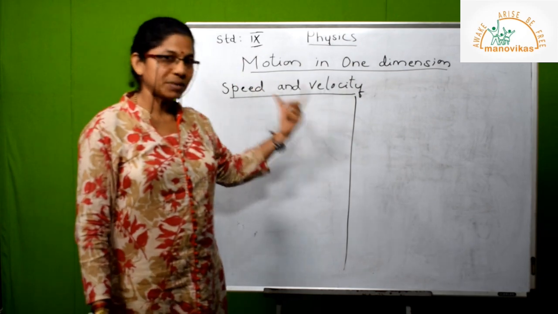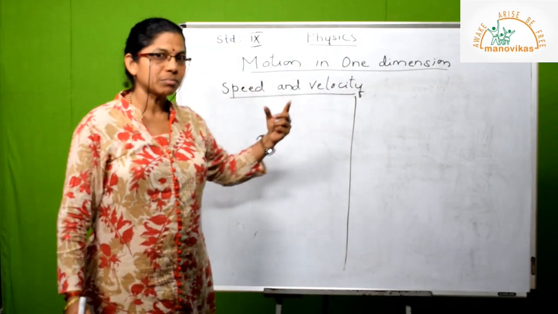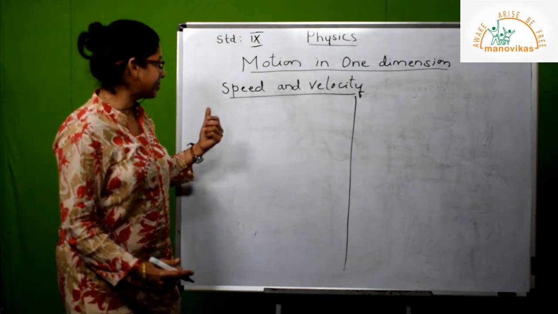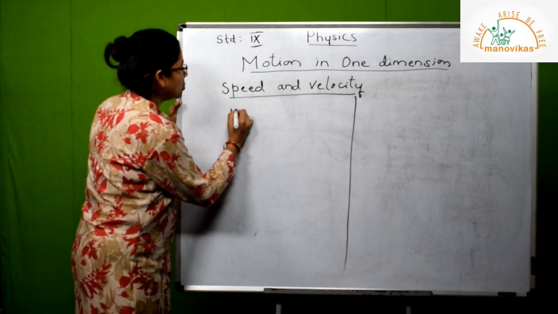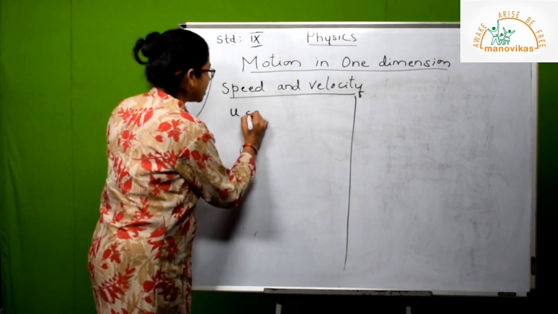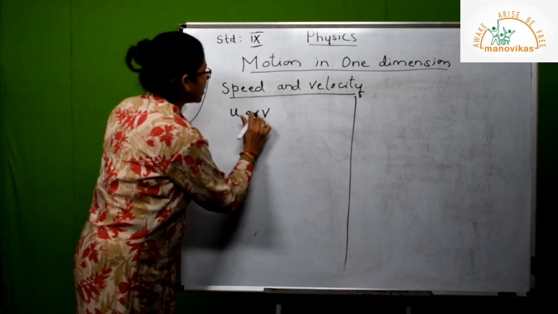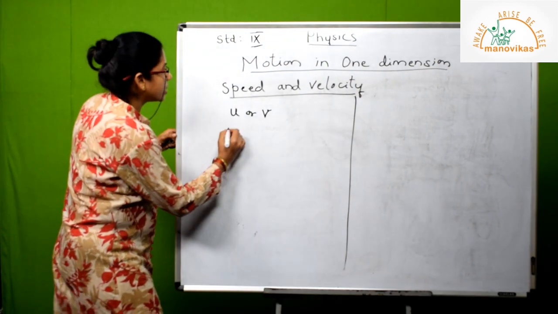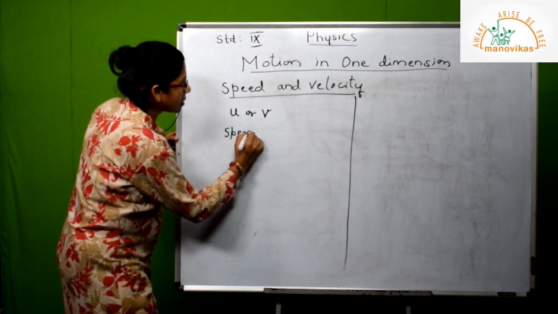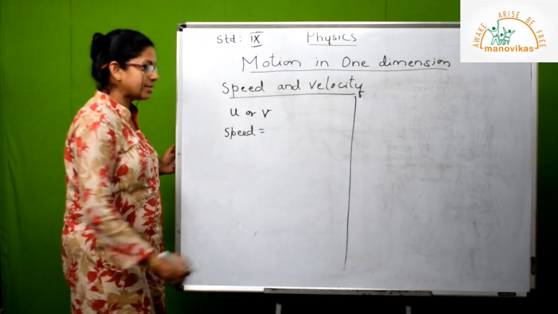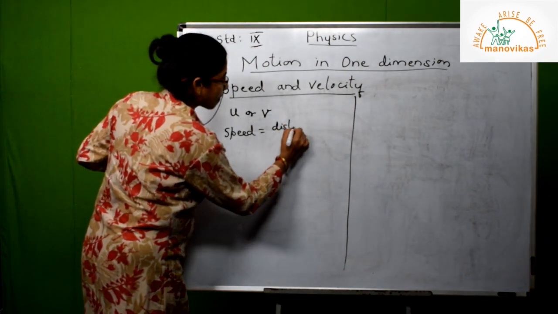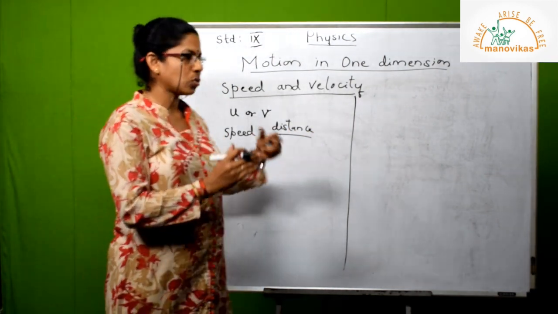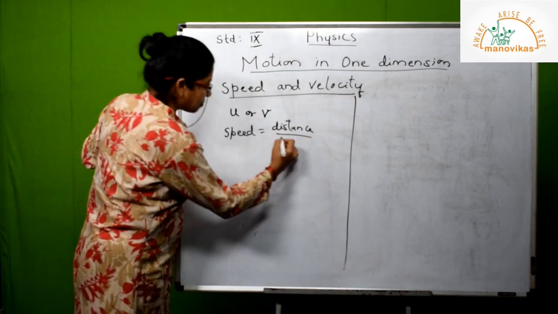Okay, what is speed? Speed is nothing but the rate of change of distance with respect to time. It is denoted by small v. So I can write speed is equal to distance upon time. How much time is taken to cover a particular distance is speed.